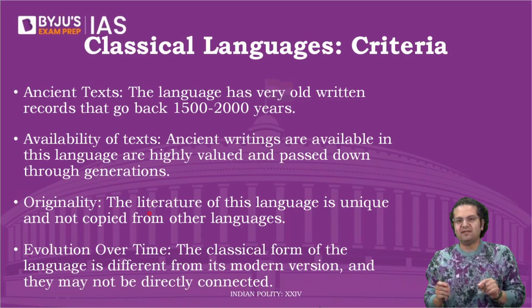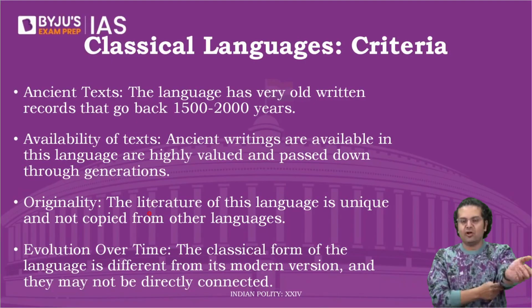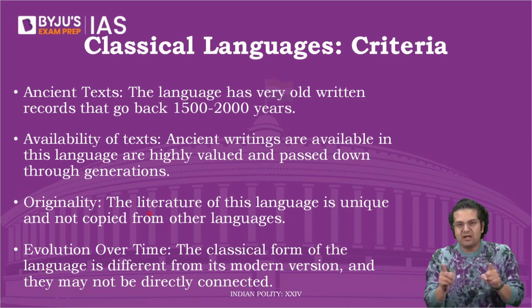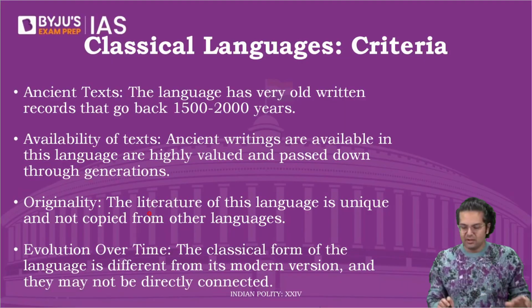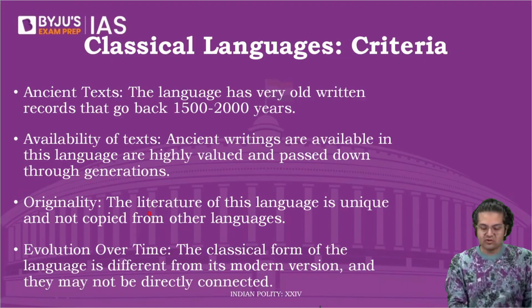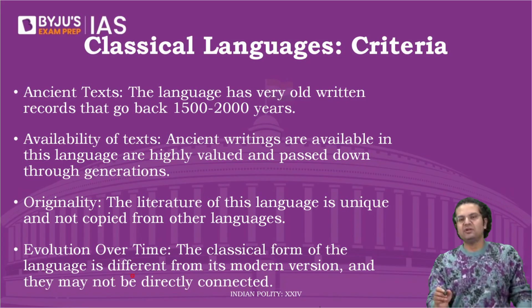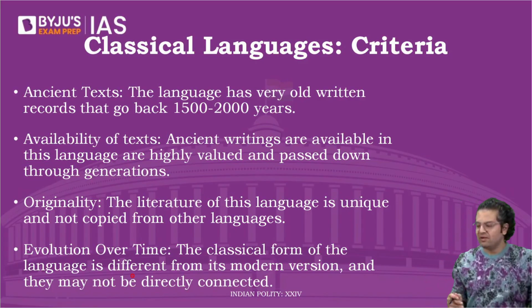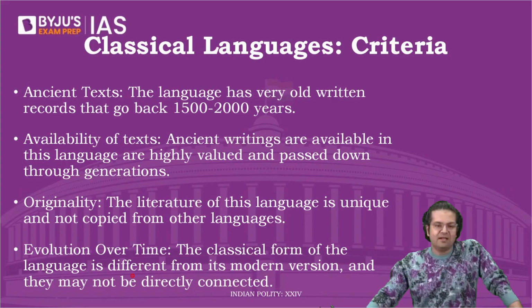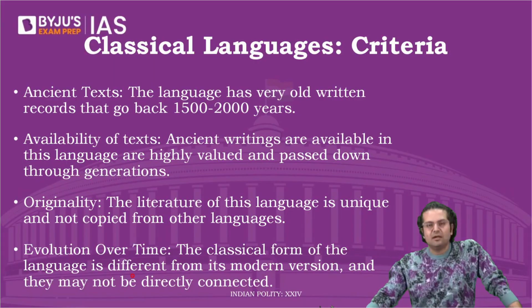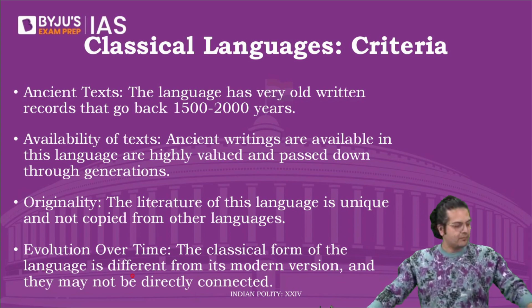So the classical form of a language should be different from its modern version. Clear? Based on these criteria, the Sahitya Akademi will make recommendations and tell the government, and then the government of India will give the status of classical language to these languages. Clear? Done.